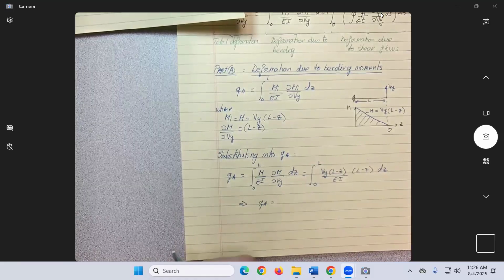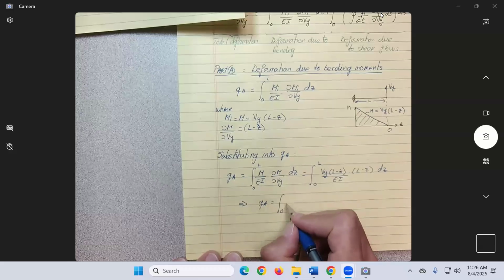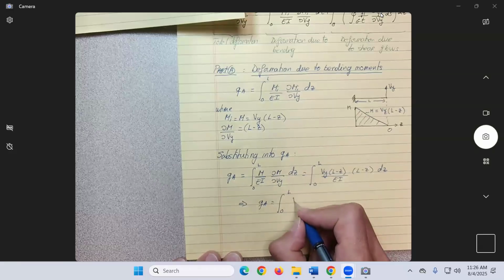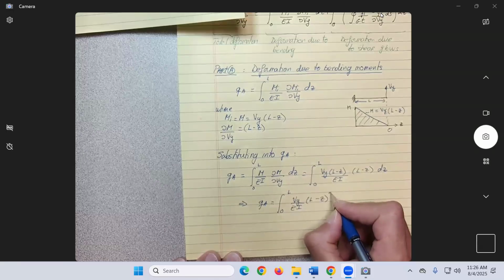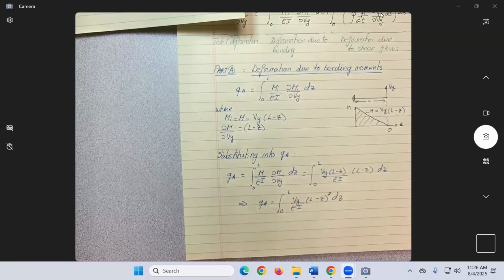If you do the integral, you get here 0 to L, Vy over EI, L minus Z squared dz.